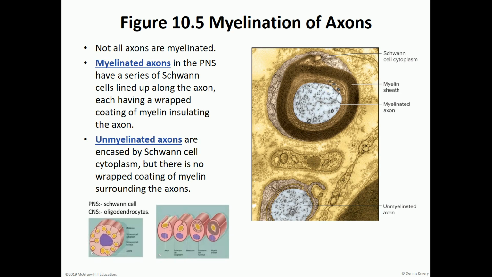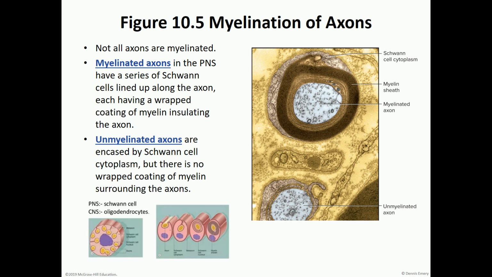So what about myelination of an axon? Axons can either be myelinated or not. The majority of our axons are myelinated, but we do definitely have unmyelinated axons. Know that whether myelinated or not, they are always going to be surrounded by a Schwann cell. So what is the difference then? Well, if you look here, that's a Schwann cell. You can see that purple nucleus. You can see the axons kind of embedded in there, but the cell does not wrap around the axon.